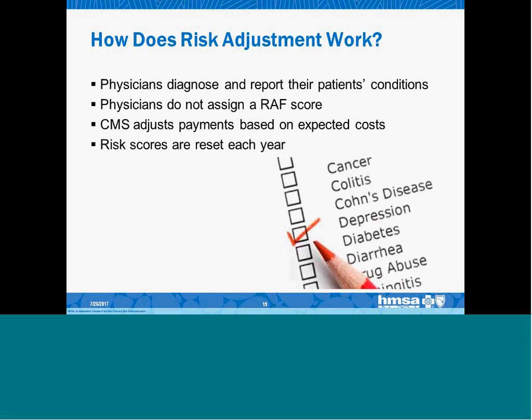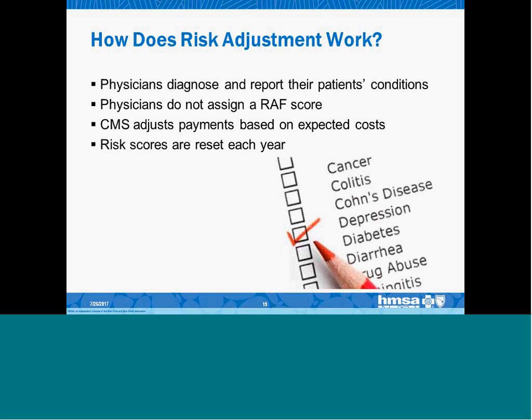The documentation is then coded and submitted via a claim to CMS, where the claim is either accepted or denied. The physician doesn't have to think about giving the patient a RAF score. They simply report the diagnosis codes on their claims, and CMS will apply the hierarchical condition categories and RAF scores to the member's data.